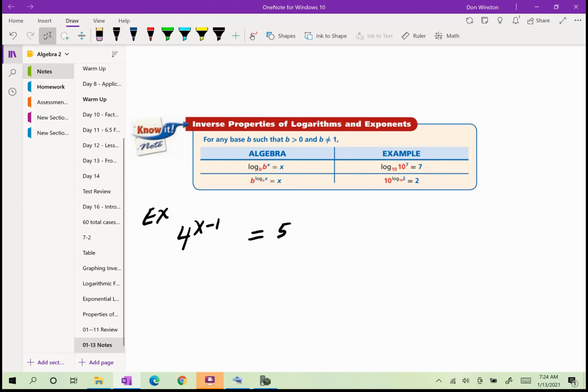I can never find a common base for 4 and 5. I just couldn't do that. But what I could do is use inverse properties, and specifically, I will be using this one. Because I'm working with base 4, I'll just take log base 4 of both sides.